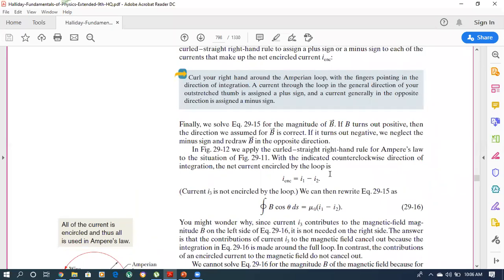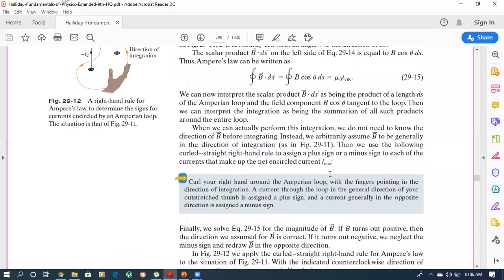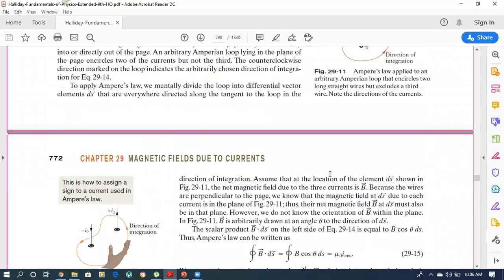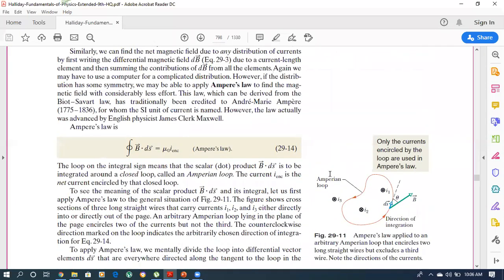So it basically simplifies and generalizes the situation more comprehensively as compared to the Biot-Savart law. This is one of the reasons that Ampere's law is one of the fundamental laws, which is part of the Maxwell equations.